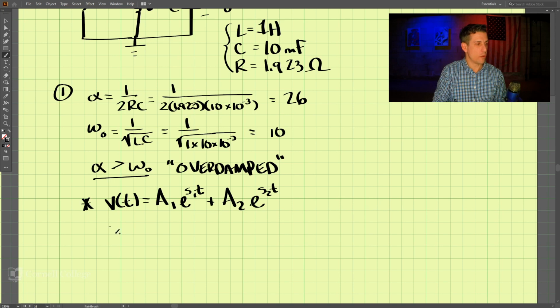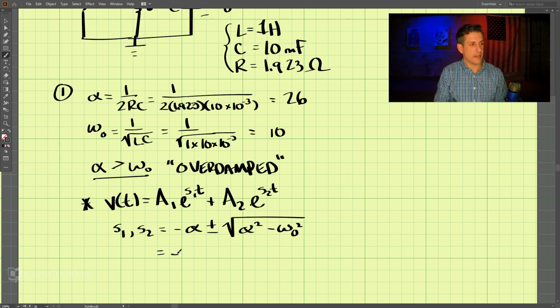we know that S1, S2 is equal to negative alpha plus or minus the square root of alpha squared minus omega squared. So this is equal to negative alpha, which is negative 26, plus or minus the square root of 26 squared minus 10 squared.